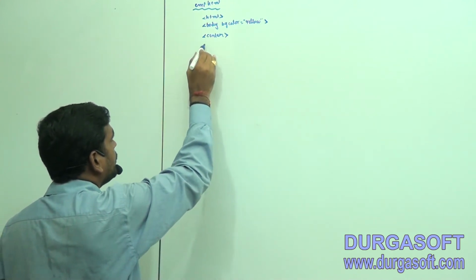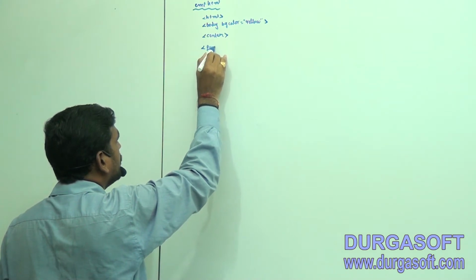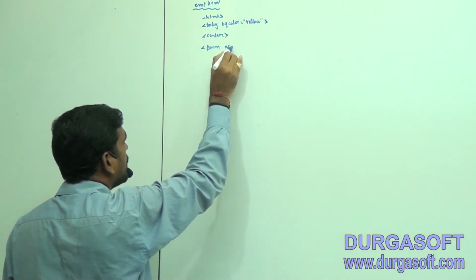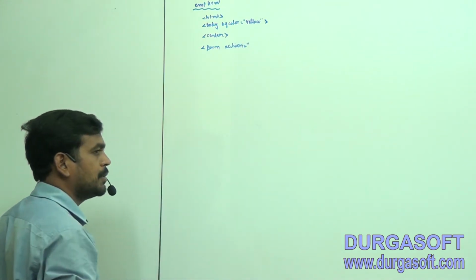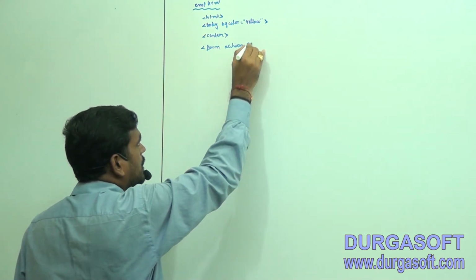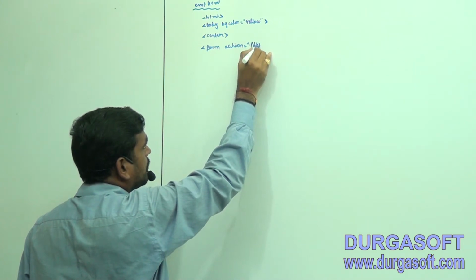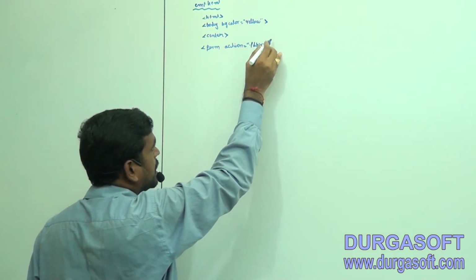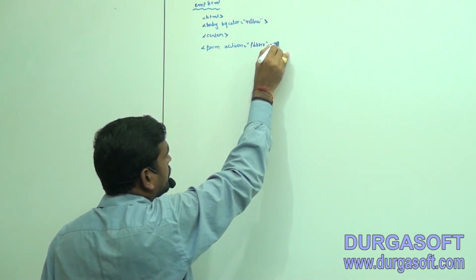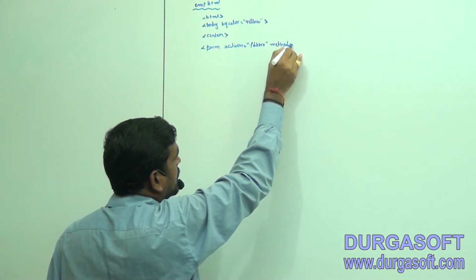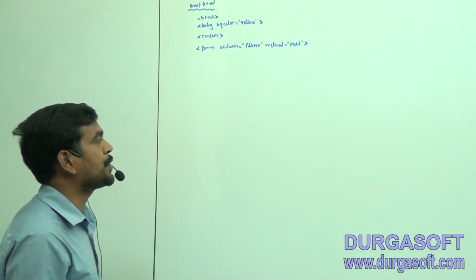Then next after that, we have to take form. Form action is equal to ./dbserv. Now method is equal to post.